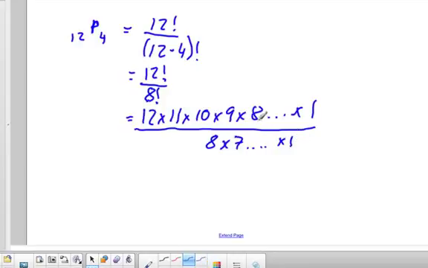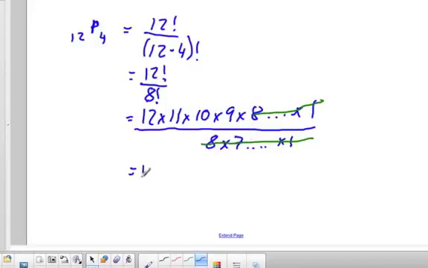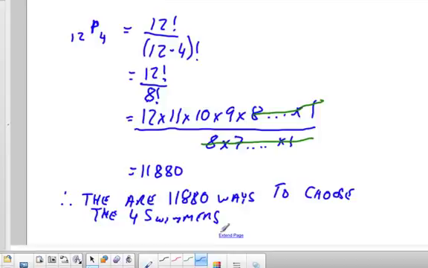All of this will cancel out, so the permutation of 12 choose 4 is equal to 12 times 11 times 10 times 9. On the calculator, I can do this as 12 factorial divided by 8 factorial, and you get 11,880. Therefore, there are 11,880 ways to choose the 4 swimmers.